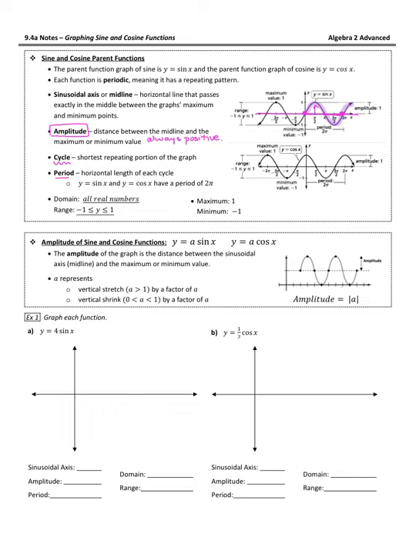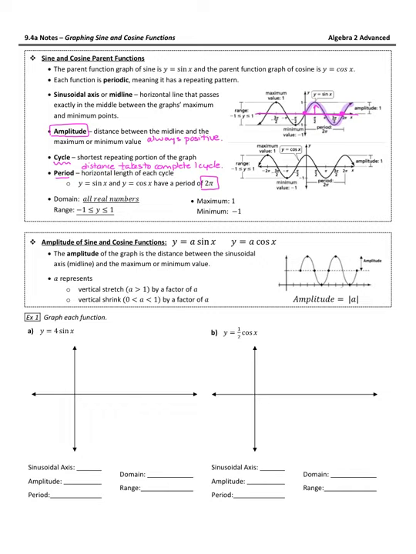And the period, again, is that distance it takes to complete one cycle. So it's an actual distance that you're recording. For the parent graph, that distance is always 2 pi, which is equivalent to once around a circle.